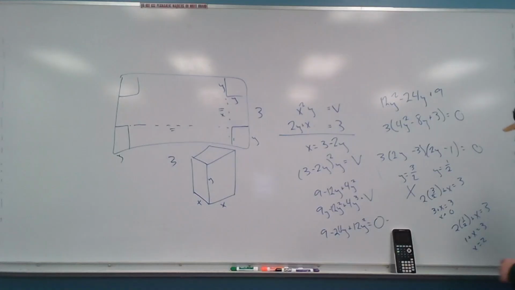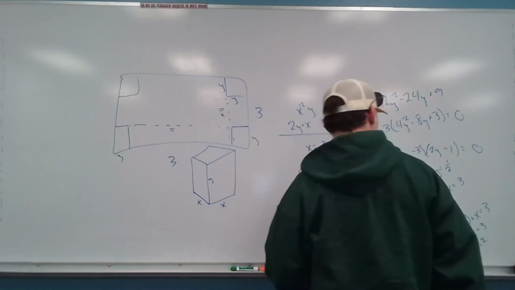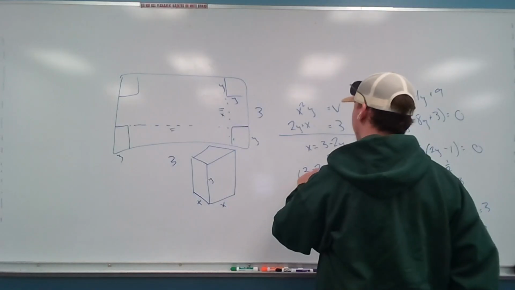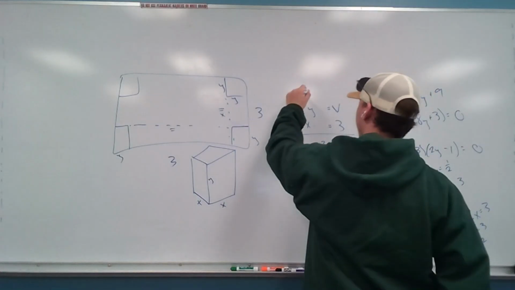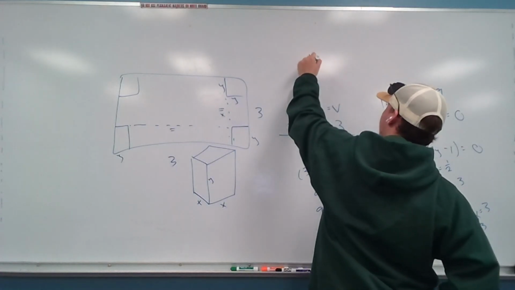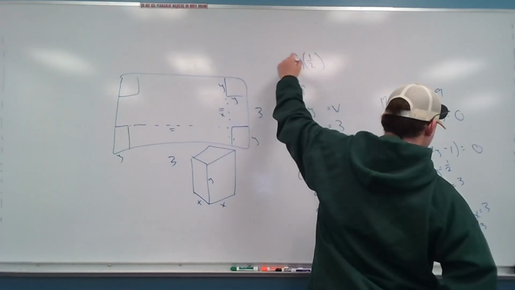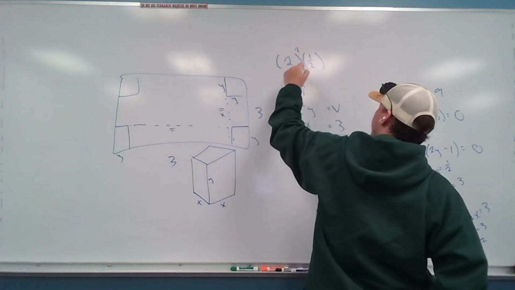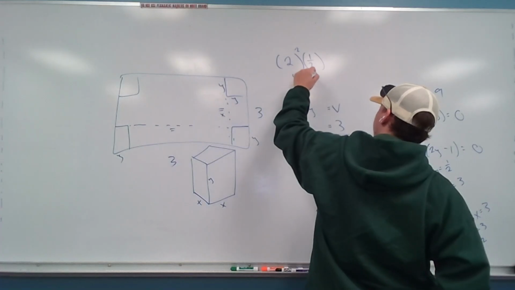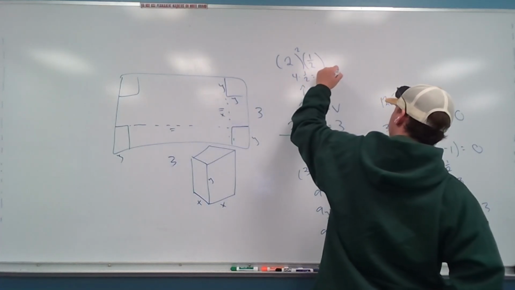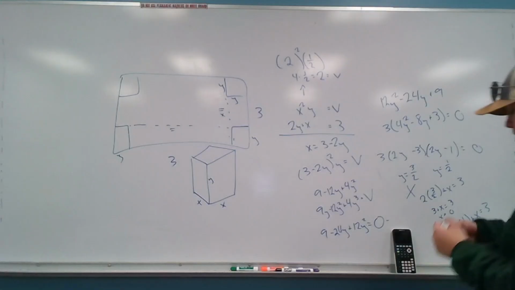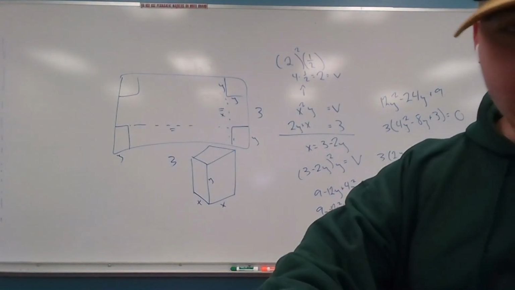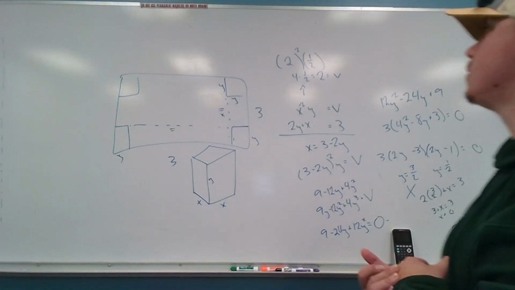So let's plug that into our equation, where y equals 1/2 and x equals 2 squared. So 4 times 1/2 is going to be 2, which is equal to our volume. So that means the smallest volume that we can have is going to be 2. And that's exactly what it is, 2 feet cubed.